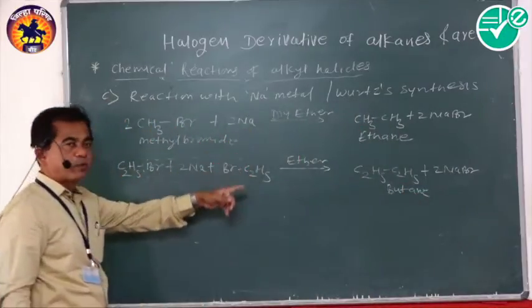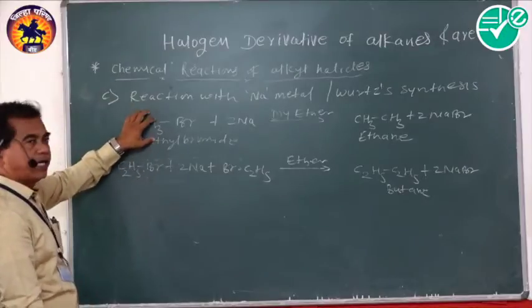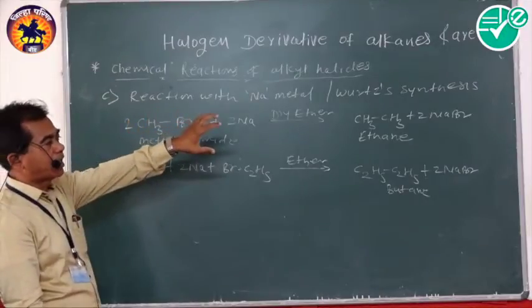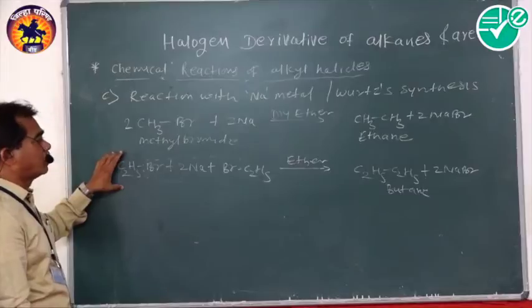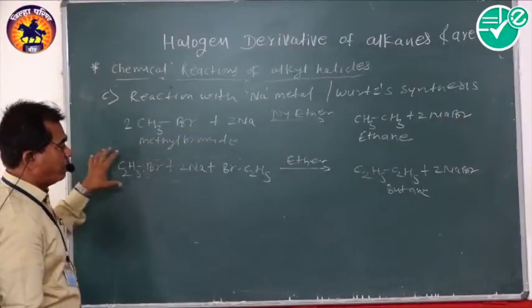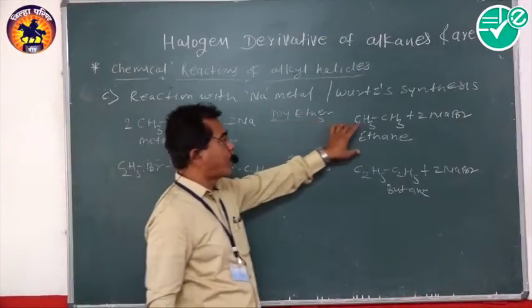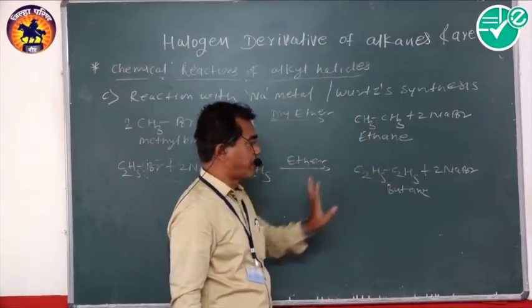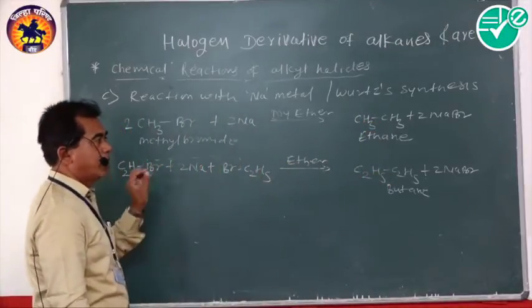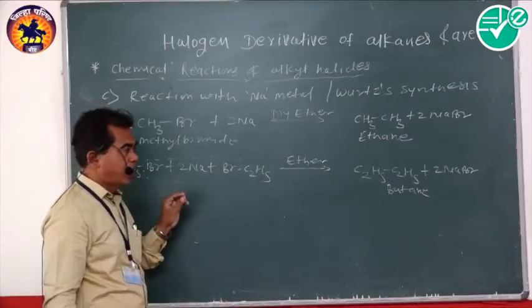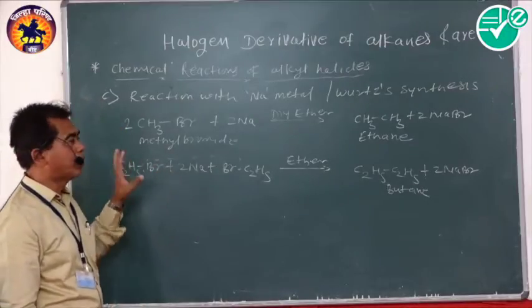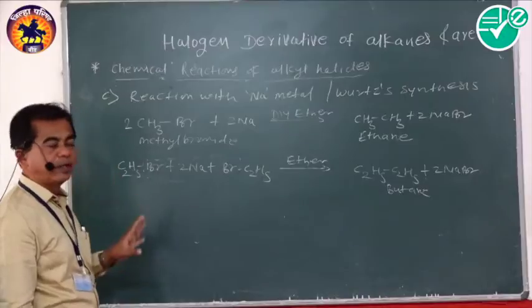In this example we observed that from the smaller alkyl halide, methyl bromide, we prepare the higher alkane ethane. From ethyl bromide, we prepare butane. In both cases, the products formed have an even number of carbon atoms: ethane, butane, hexane. Alkanes prepared by this method are mostly of this type.